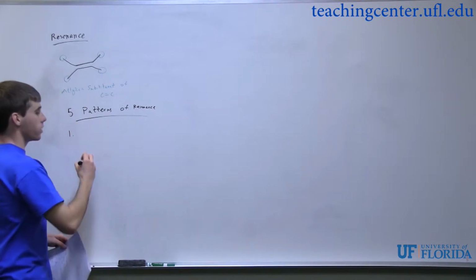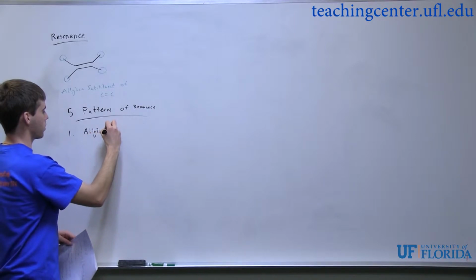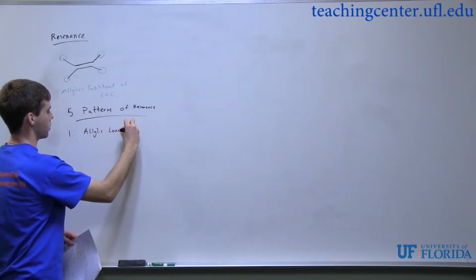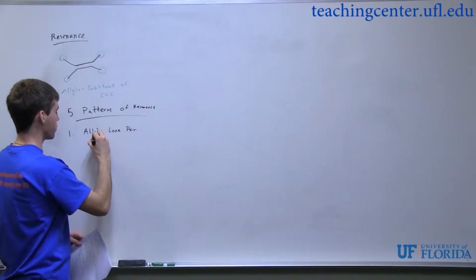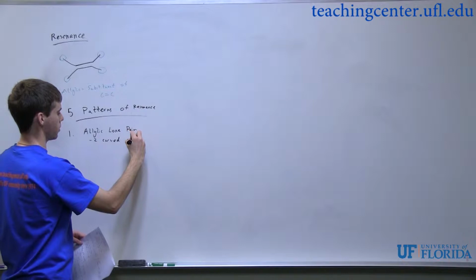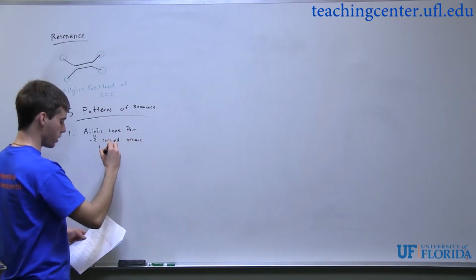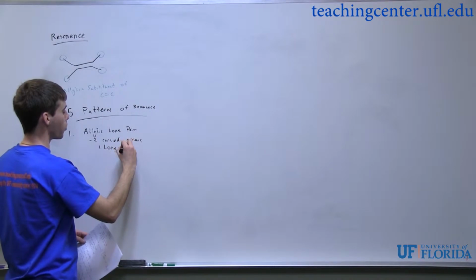So the first one is going to be the allylic lone pair. Here we're going to have two curved arrows. The first one is going to be from a lone pair to form a pi bond.